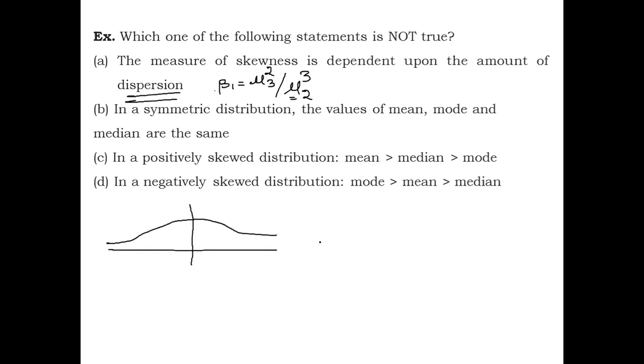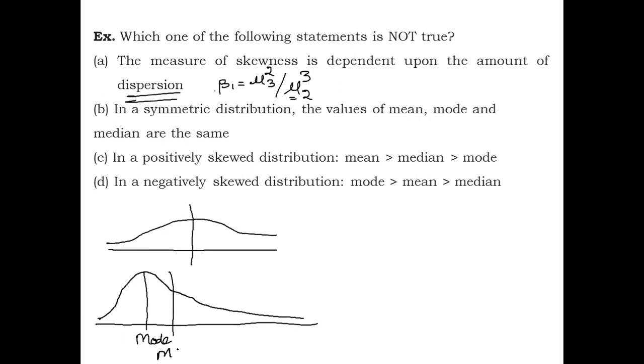In a positively skewed distribution, let me say positively skewed, it has maximum observations at the lower end. It's like this. So here is the mode. The median is somewhere here, and the arithmetic mean is here.